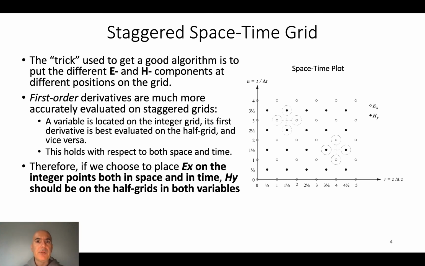This is true for both time and space, so we are going to have a staggered grid in time and in space. Therefore, we choose to place the x component electric field on the integer points, both in space and in time, and we place the y component magnetic field on the half grids, both in time and in space.